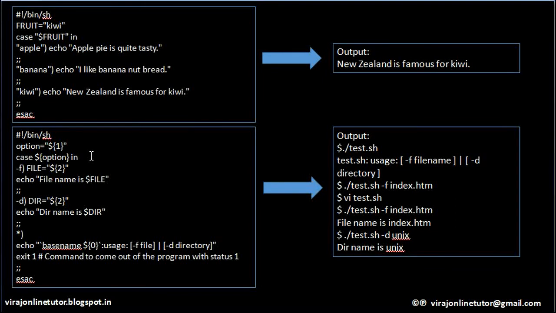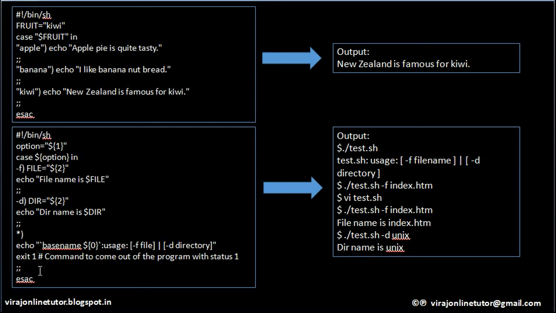Clear? So in this example, I have $1, which is the first command line parameter. I'm saving that value in a variable called option. Then using a case statement, I check the value of option whether it is one of these options. The first option is -f.